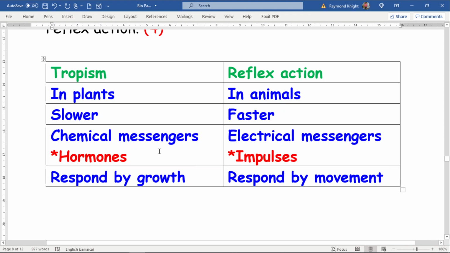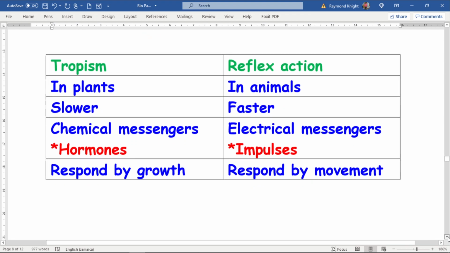In tropic responses, the chemical messengers are hormones, but in reflex action, they are electrical messengers called impulses. Again, in tropism the response is through growth, but in reflex action you generally respond by moving away from the stimulus.